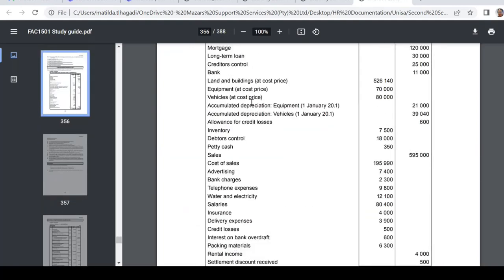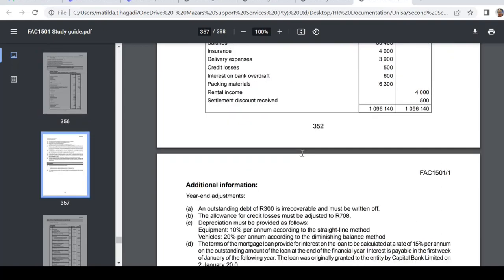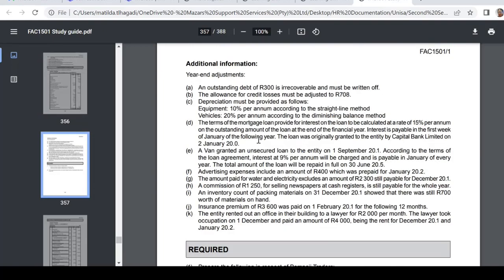So the amount of the mortgage is what? It's 120,000. What is the rate? It's 15%.